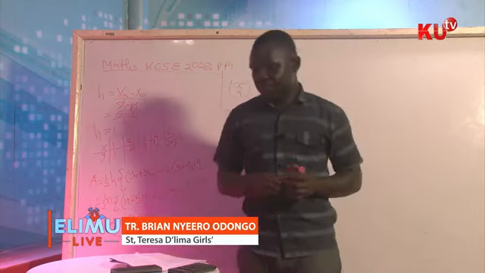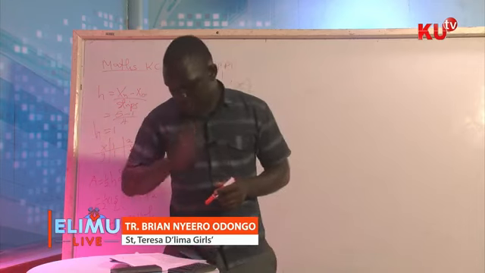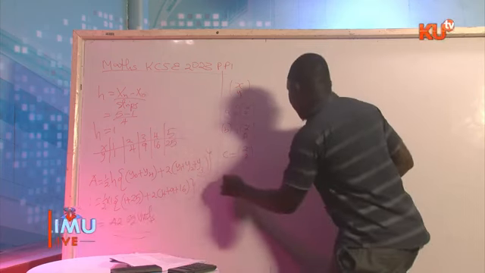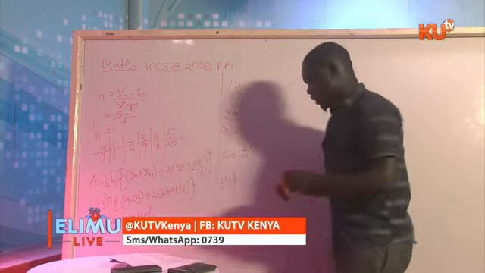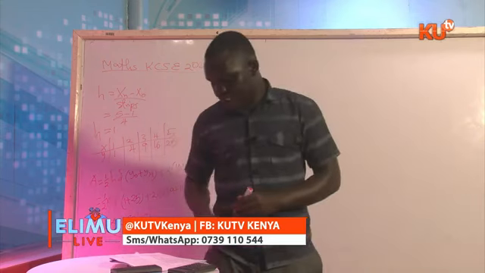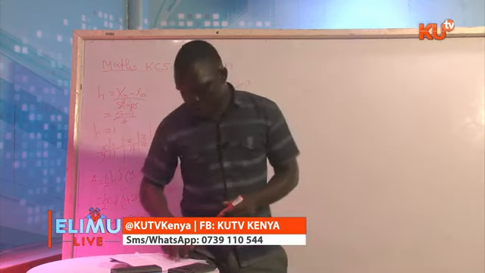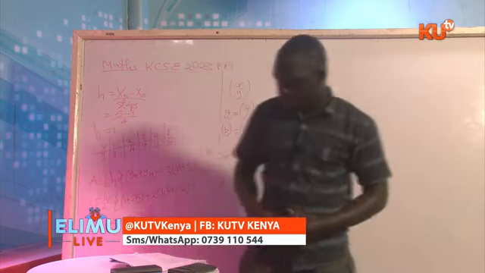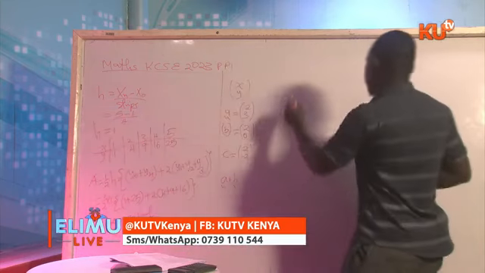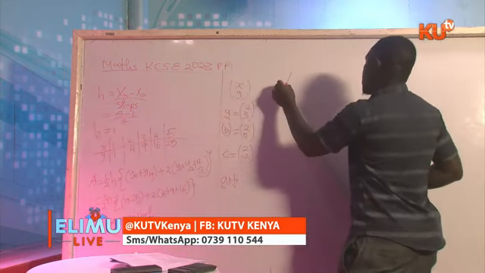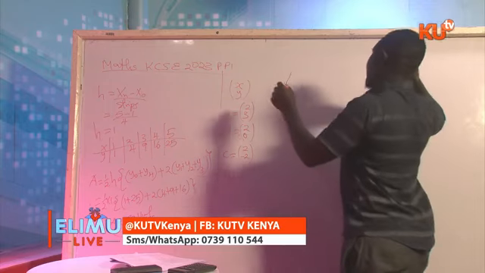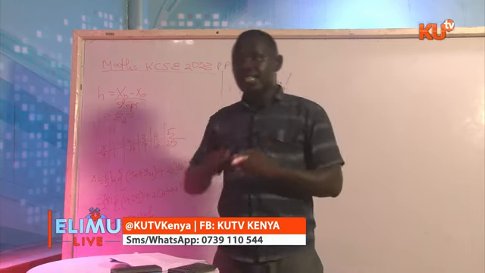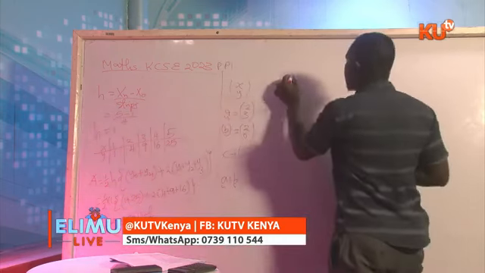Now, when they want you, dear students, to get the resultant vector A plus B, what you can do is draw that vector A. At the end of vector A, I have my vector B because I'm adding B, and B is covering 2 square units horizontally.